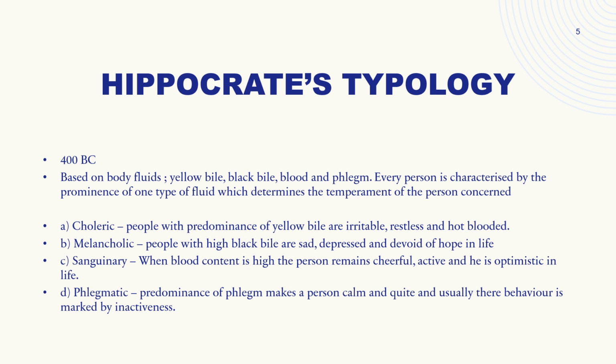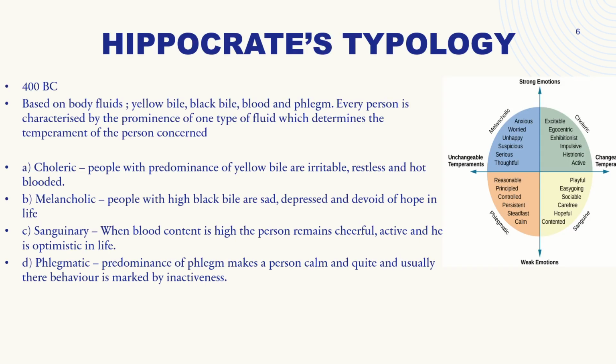So the 4 of them are choleric, melancholic, sanguinary and phlegmatic. Choleric type of people have predominance of yellow bile. Melancholic type of people have predominance of black bile. Sanguinary type have predominance of blood content, and phlegmatic type people have predominance of phlegm. And we also discussed each and every characteristic associated with each type. You can see the image that just appeared.